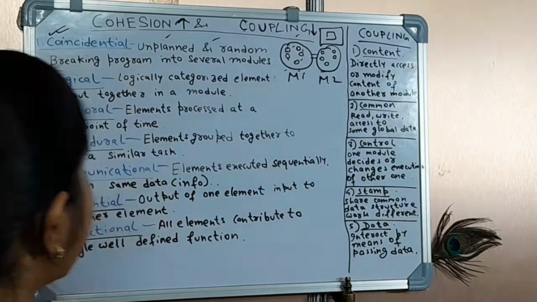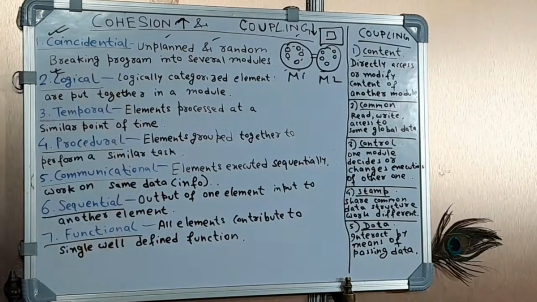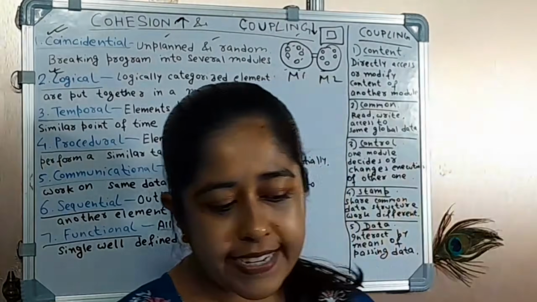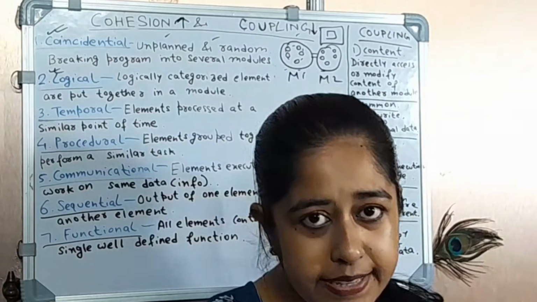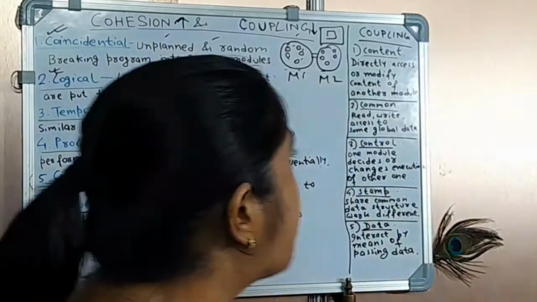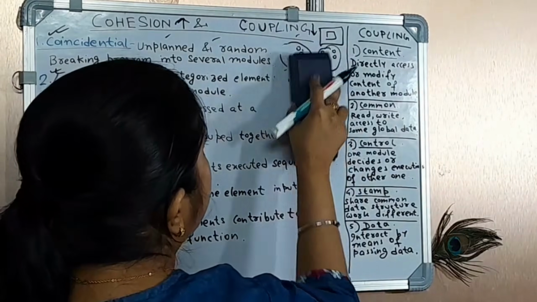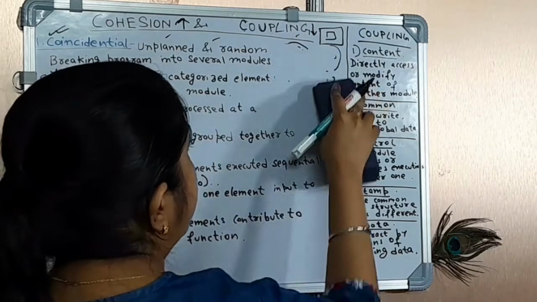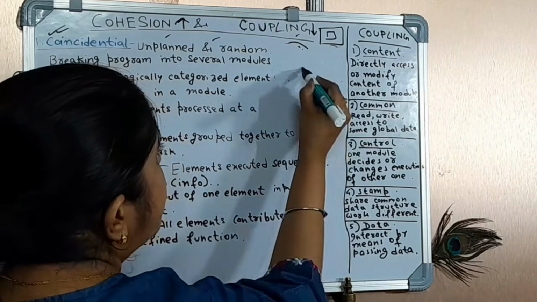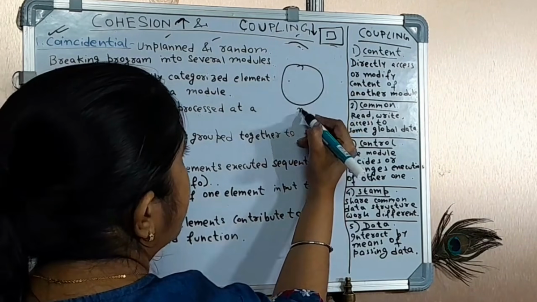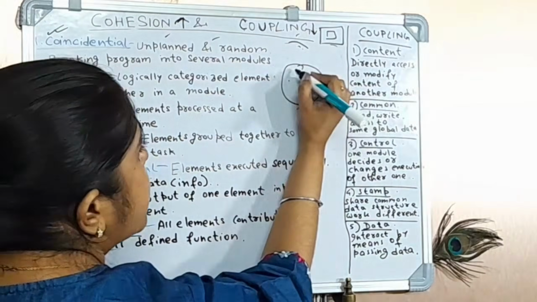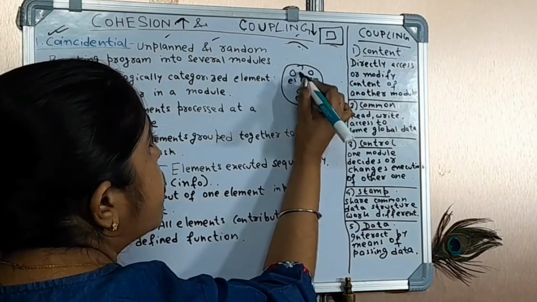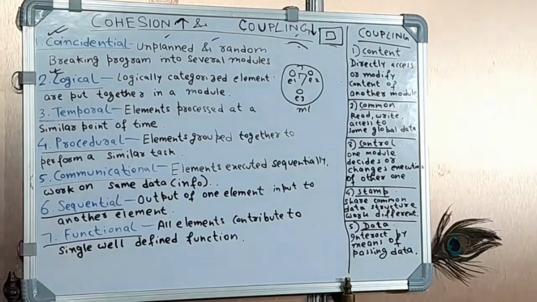Now the second type of cohesion is logical cohesion. What is logical cohesion? When logically categorized elements are put together in a particular module. Suppose this is our module M1. In this module M1, all the elements, suppose E1, E2, E3, should be logically connected.